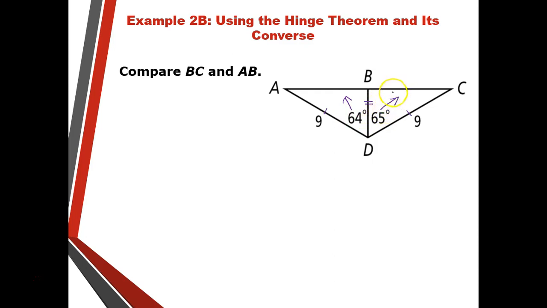And 65 is opposite of this side, BC. So BC is opposite of the larger angle, so it is the longest side. BC is greater than AB. Okay, hopefully y'all are understanding how I'm coming up with these answers to these exercises here. If not, please, I will explain it further to you in class.